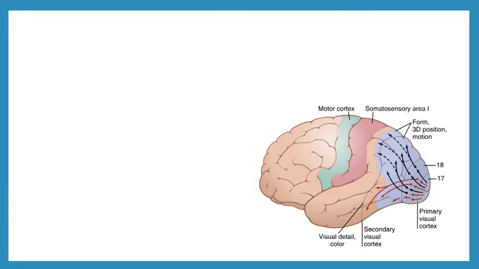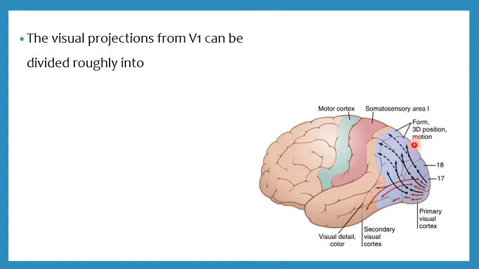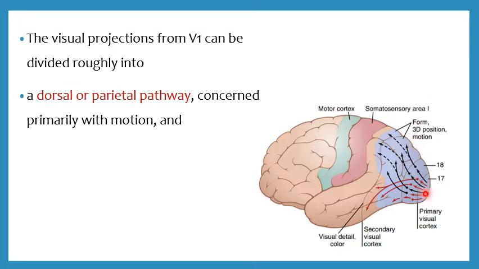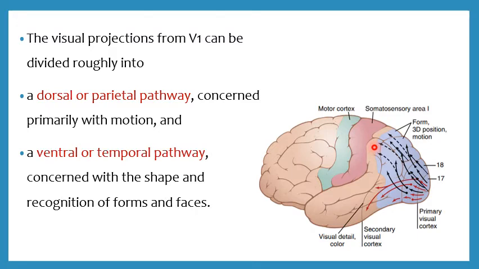So from the area V1, we've got 2 pathways. The first one is called the dorsal or the parietal pathway, which is primarily concerned with motion, form and 3D position. See, from here you can see that from this area 17, we've got this dorsal pathway, which is concerned with motion, the form, 3D position as well as motion.